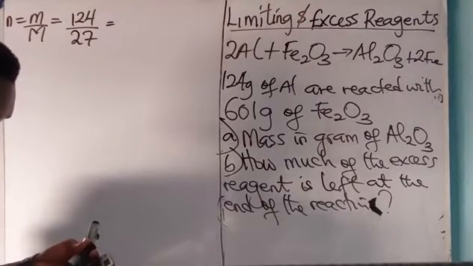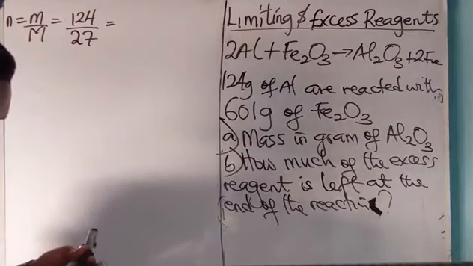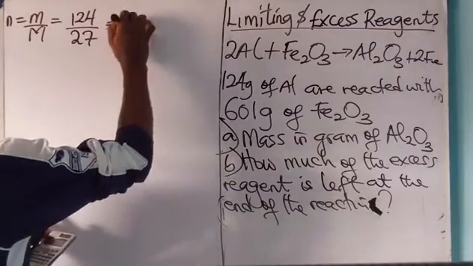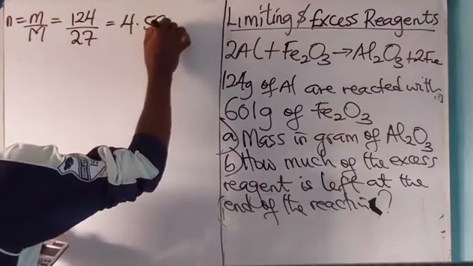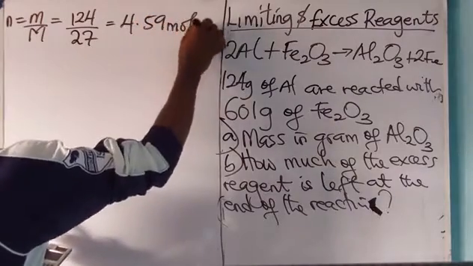124 divided by 27, I'll have 4.59 moles.